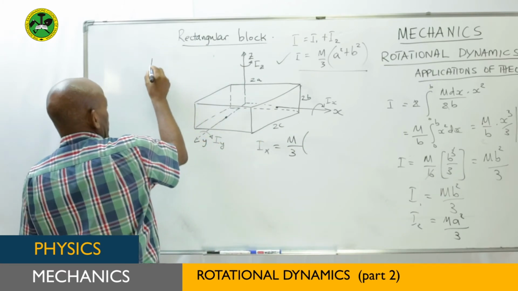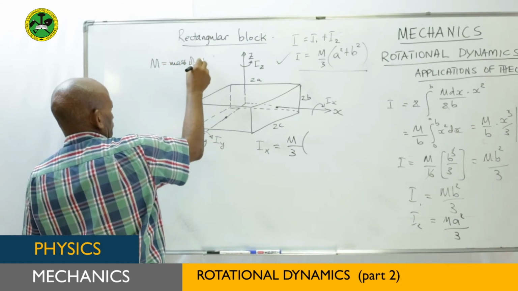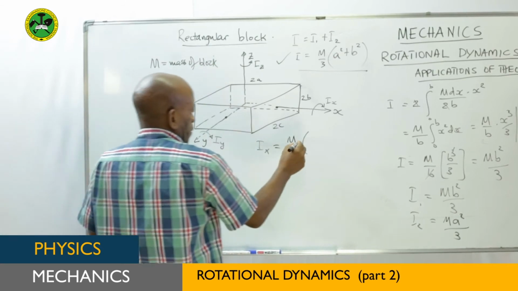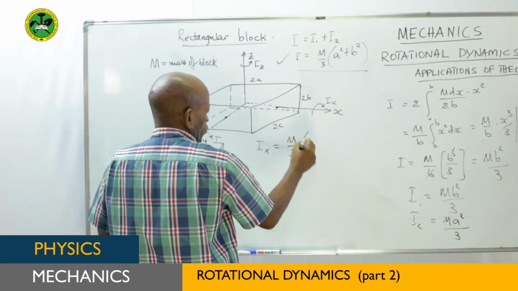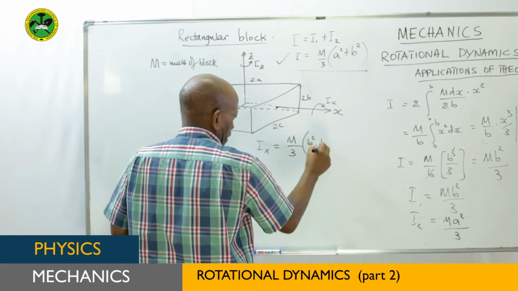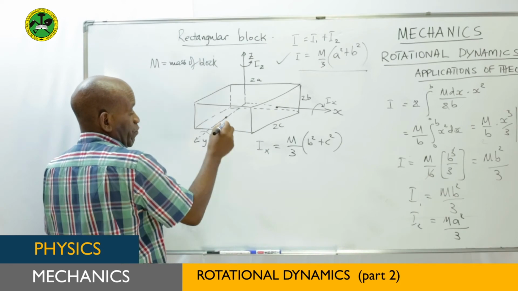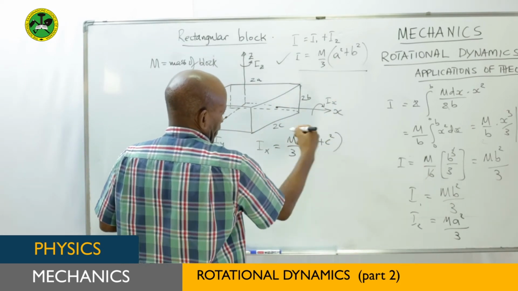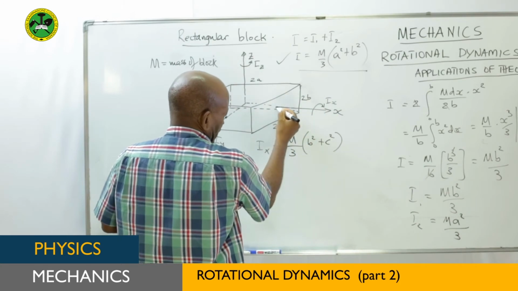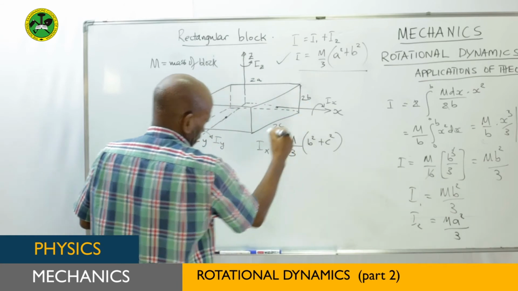If I'm taking the mass of the block to be m, so m over 3 times b squared plus c squared. This will be the moment of inertia for this block whenever it's rotated about the x-axis. Remember, this x-axis is passing at the center of this particular rectangular plate surface.